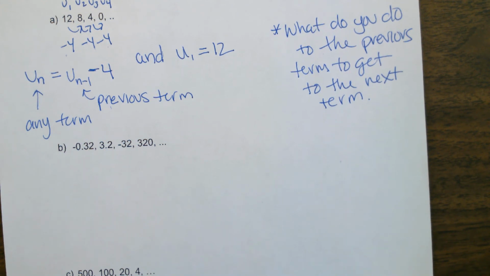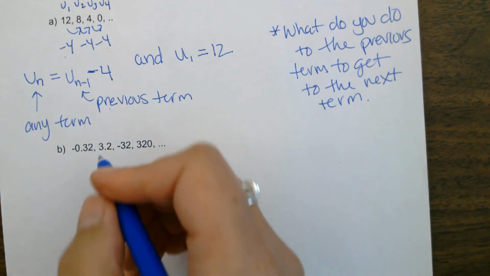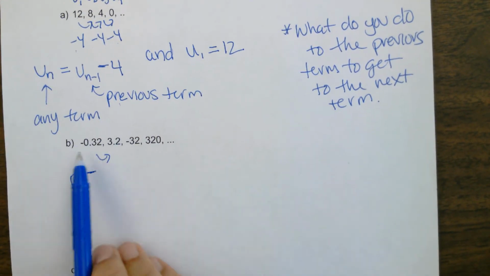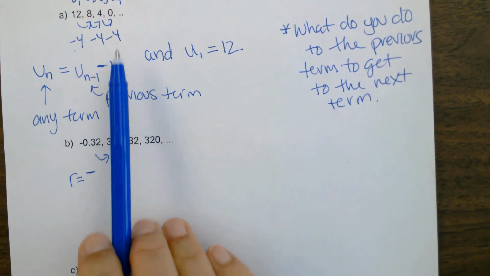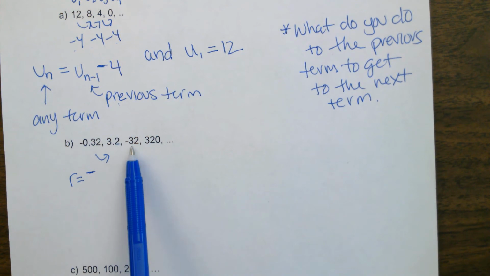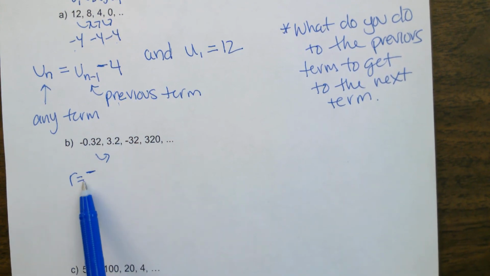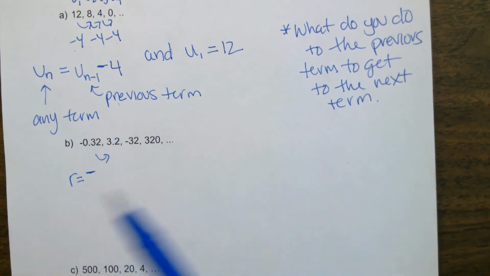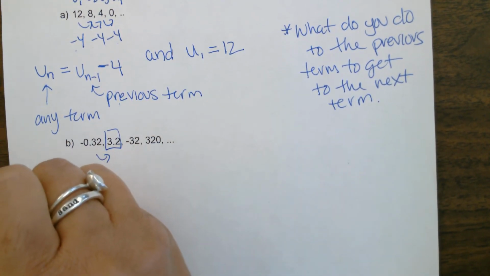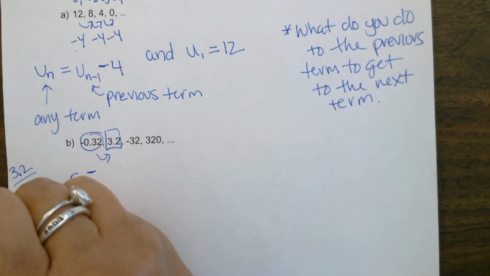And if you're worried that you're not going to find it, it's going to be negative because these signs flip back and forth. It is not possible to add or subtract where your signs are flipping negative, positive, negative, positive. So we're definitely going to be multiplying by a negative number. If you don't know what that number is, then just take the second term and divide it by the first.